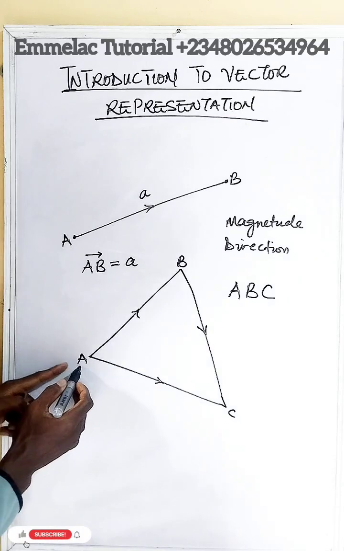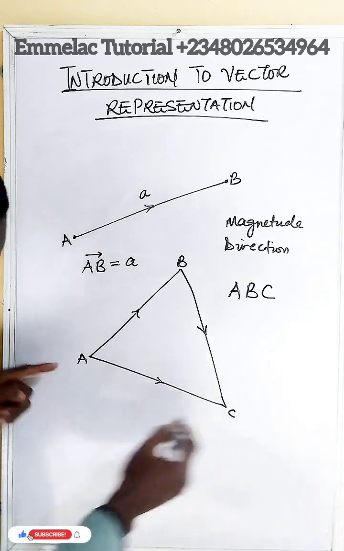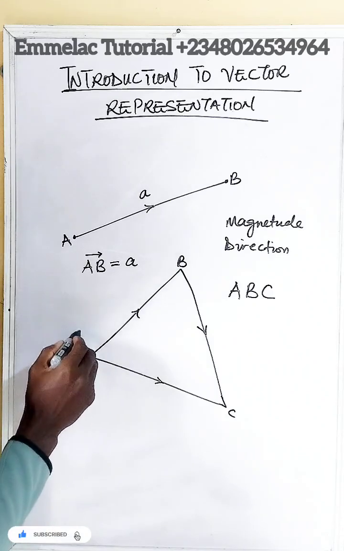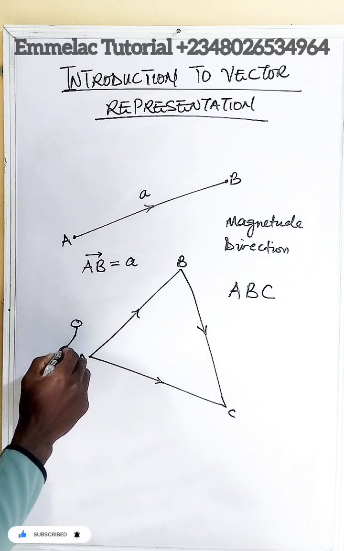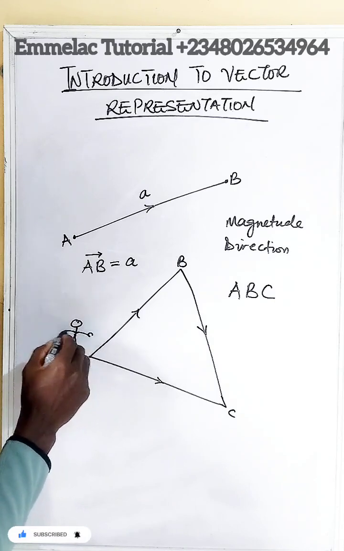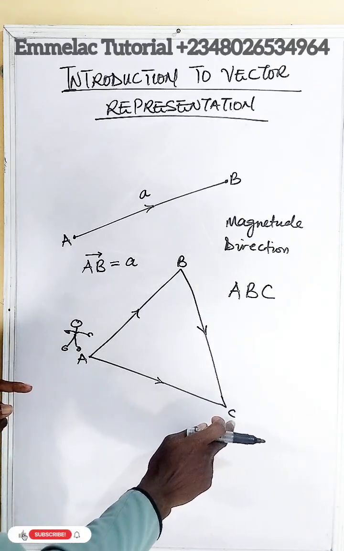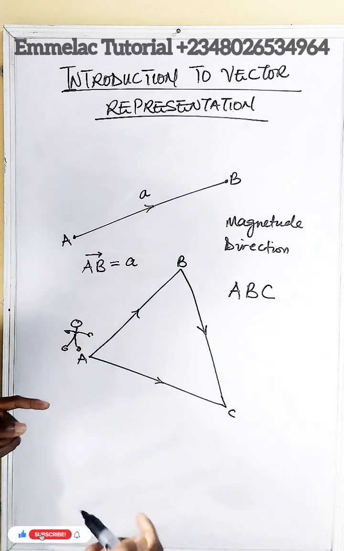Here is the starting point and here is the ending point. Maybe you are standing here, and this is probably your destination. So you have two paths to which you can go.